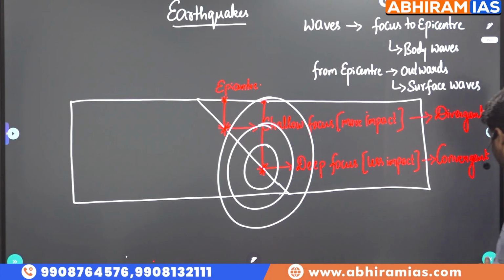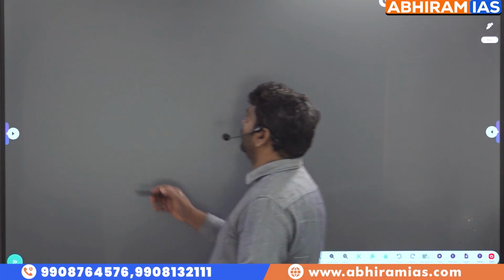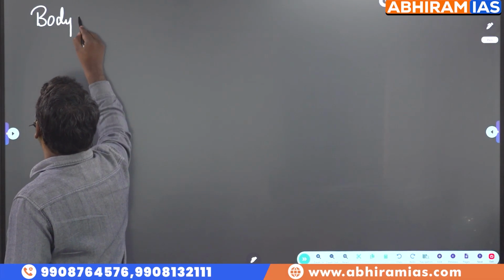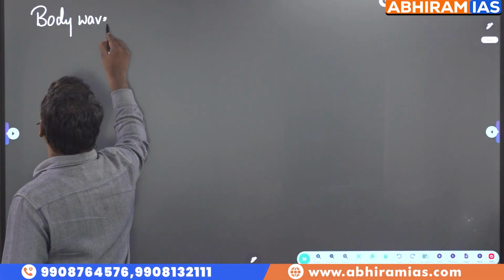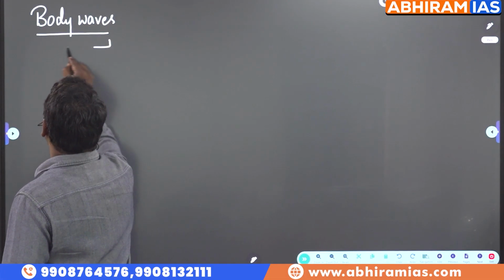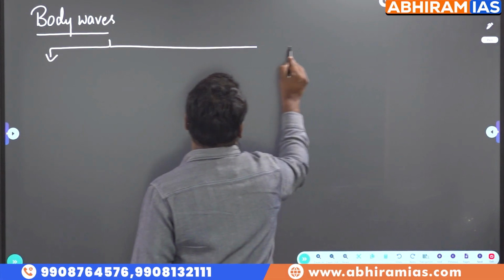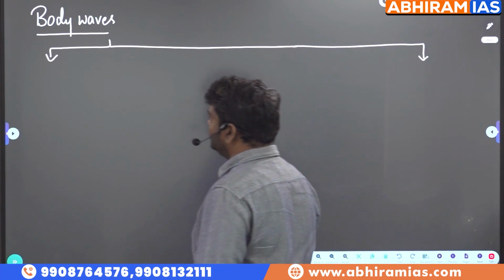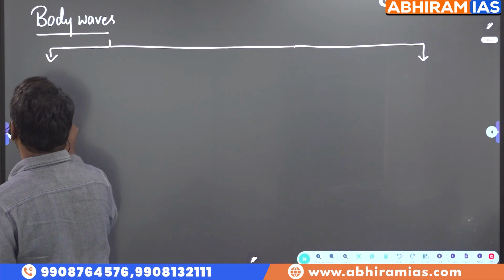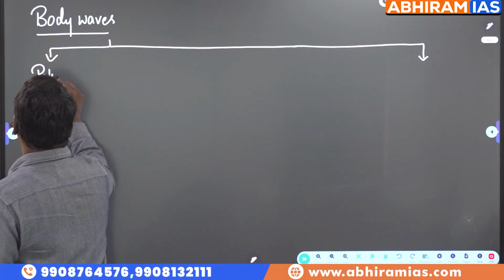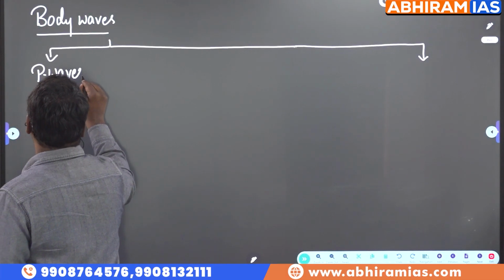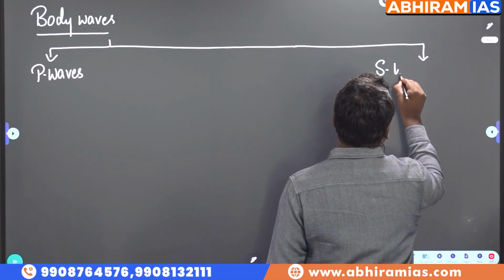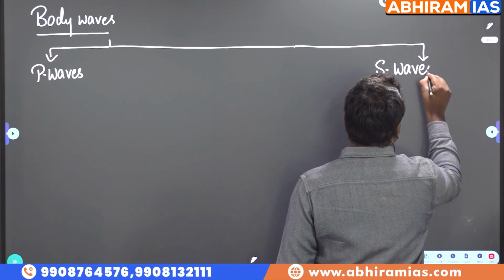Fine. Next. Now, body waves are divided into two: P waves and S waves.